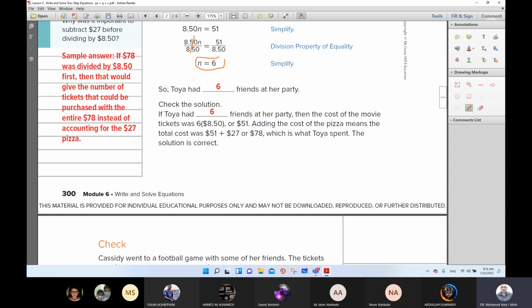If you want to check your solution: if Toya had 6 friends at her party, then the cost of the movie tickets was 6 times 8.50 or 51. Adding the cost of the pizza, the total cost will be 51 plus 27. Is it equal to 78? Yes, which is what Toya spent. The solution is correct.